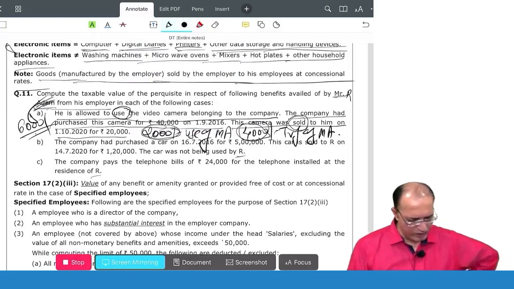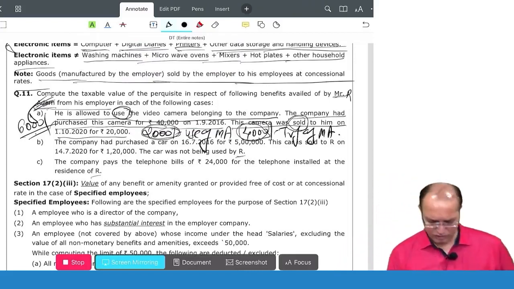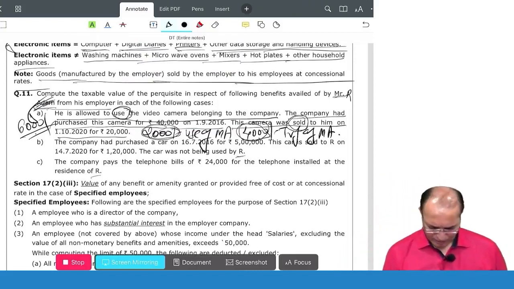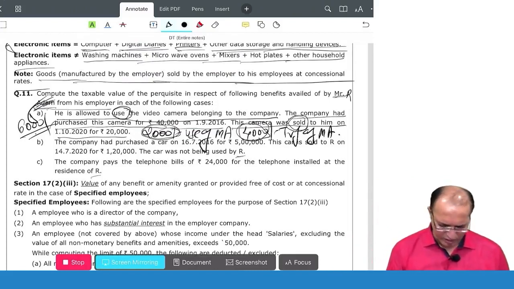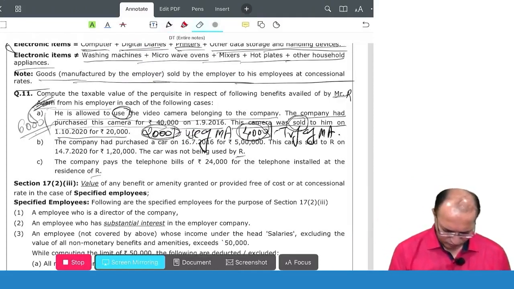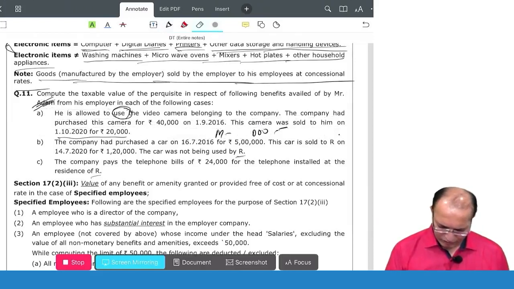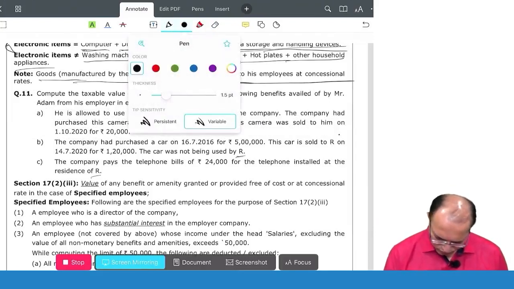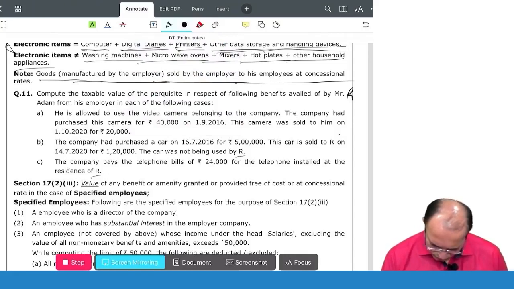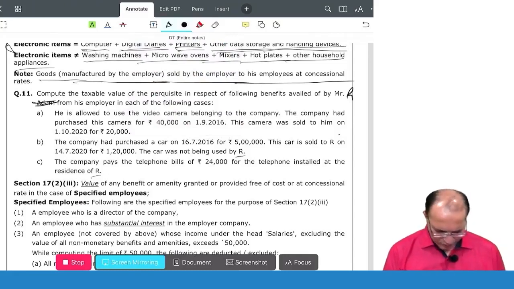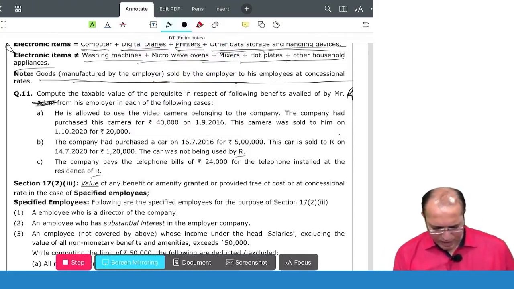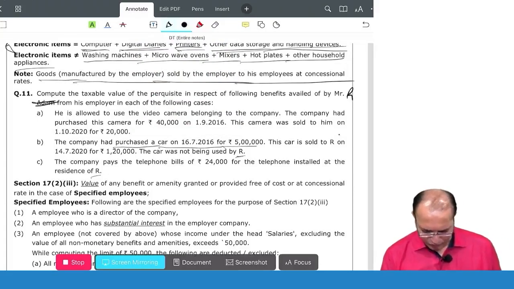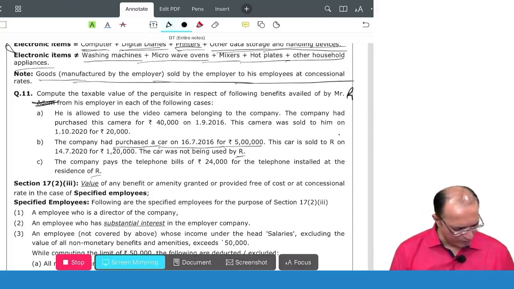See, at the beginning only I told you that this question is slightly tricky. Now, point number 2 and 3 is not at all difficult. Few of you might have already calculated. Point number 2 says what?